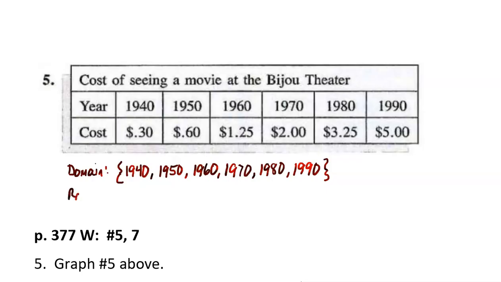Now the range. The range is the list of second items in the relationship. That's the costs. So the 30 cents, the 60 cents, and so on.